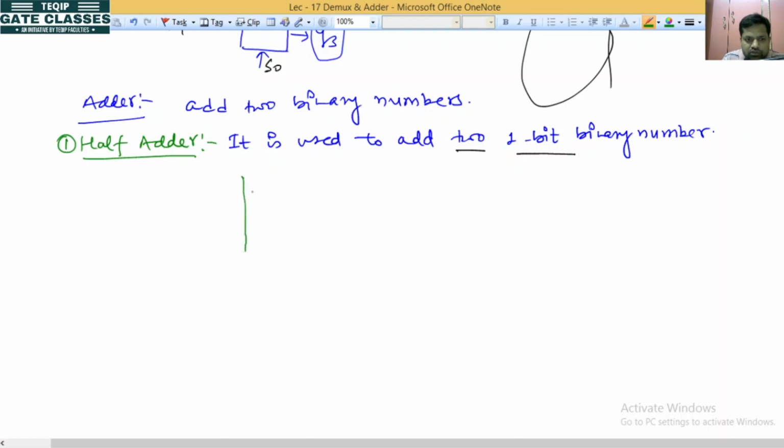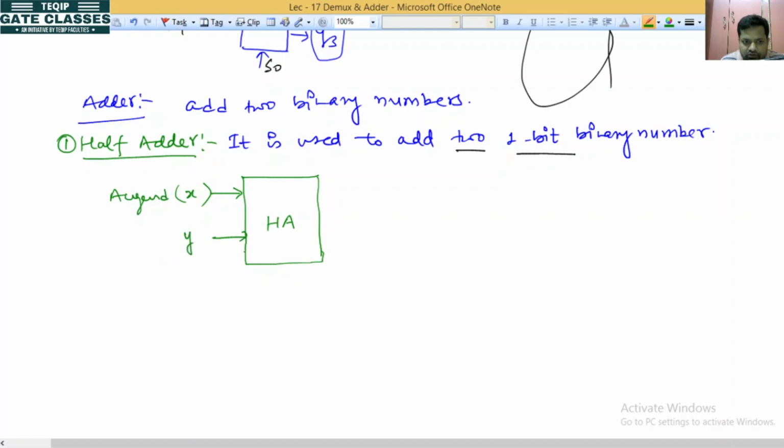So this is the block diagram of half adder. So we have two inputs here, that is the augend bit. Suppose it is x is augend bit. ओके ना. Augend बिट वो बिट होता है जिसको ऐड किया जाता है.